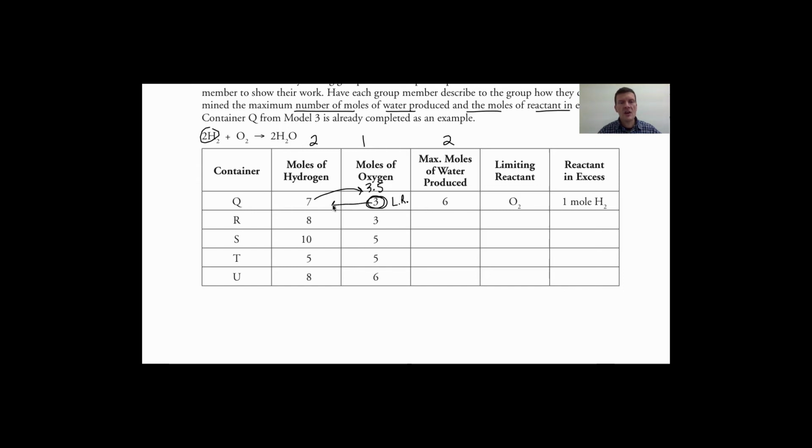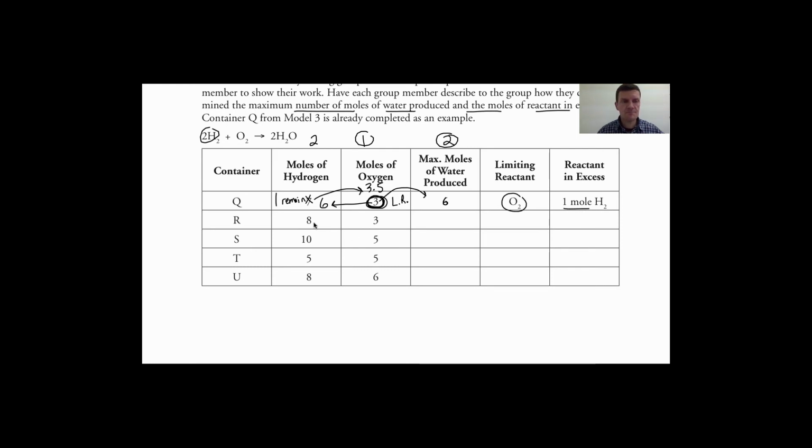I'm not going to use all 7 hydrogen. I'm actually only going to use double that, 6. So 1 is going to remain, and this 3 is what determines how much is produced. Water is produced in a 2 to 1 ratio with oxygen, so that's why 6 are produced. Oxygen is the limiting one. I have 1 mole of hydrogen left over.